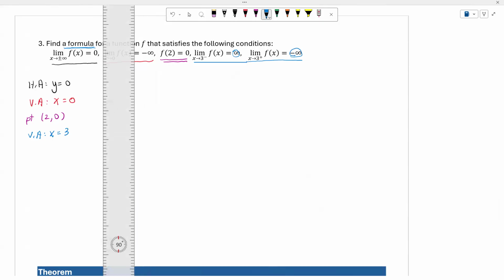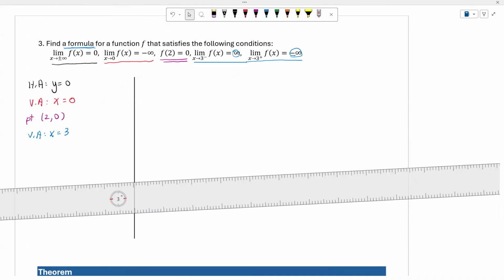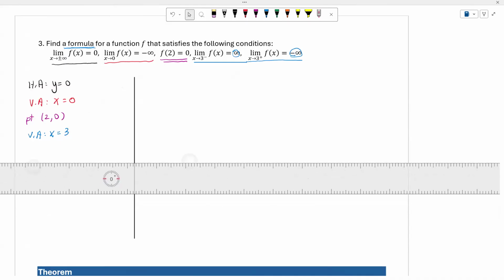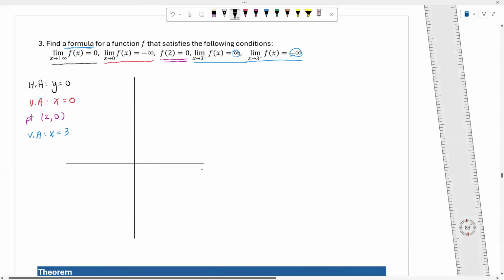Okay, so let's put down the scale on the x-axis. Okay.